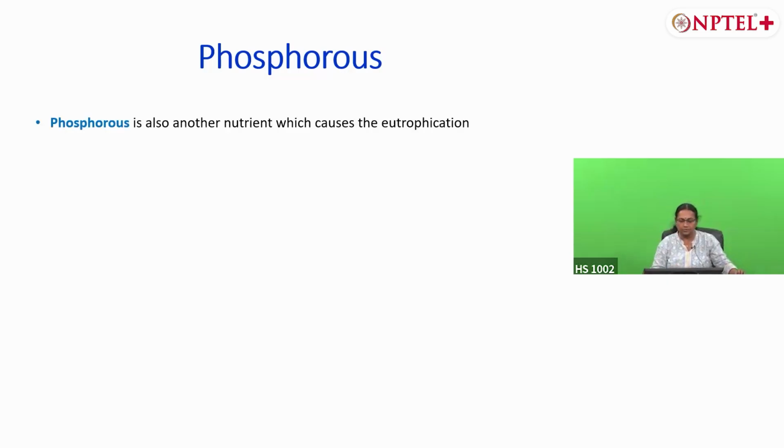What is the source of phosphorus? Where is it coming from? Are we discharging phosphorus through our urine and feces? Yes, no? No. How does our body get energy?